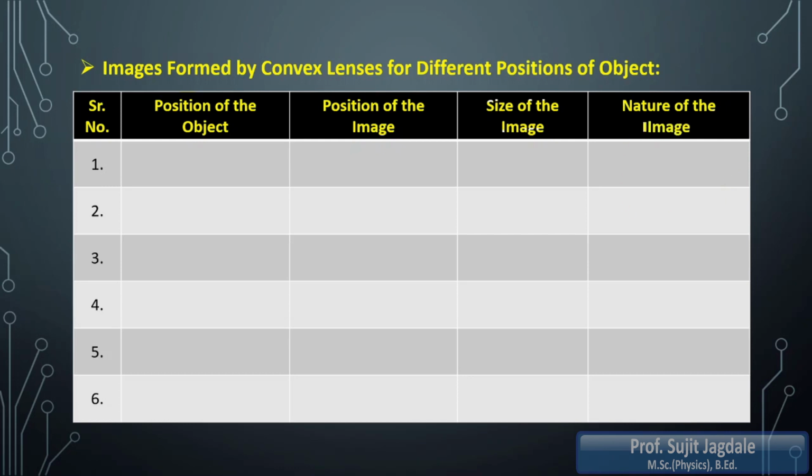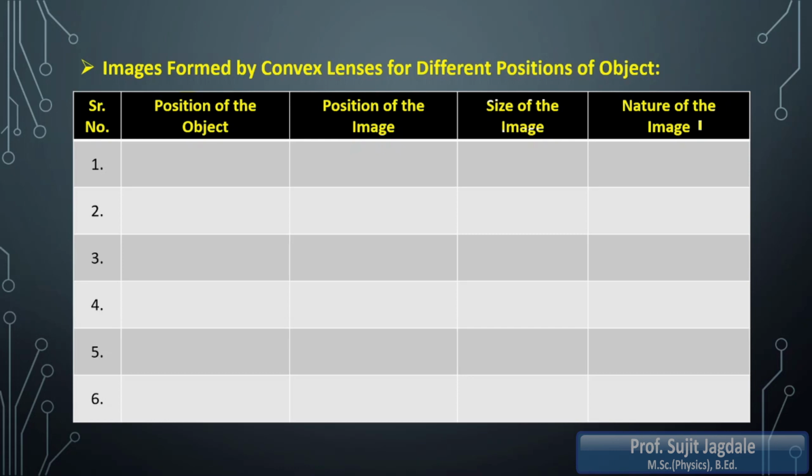So there are different natures, like we had considered in reflection for convex and concave mirrors. In mirrors, for the convex mirror only two cases are there, and for concave mirrors there are different cases, 5-6 cases. A similar thing is happening here.